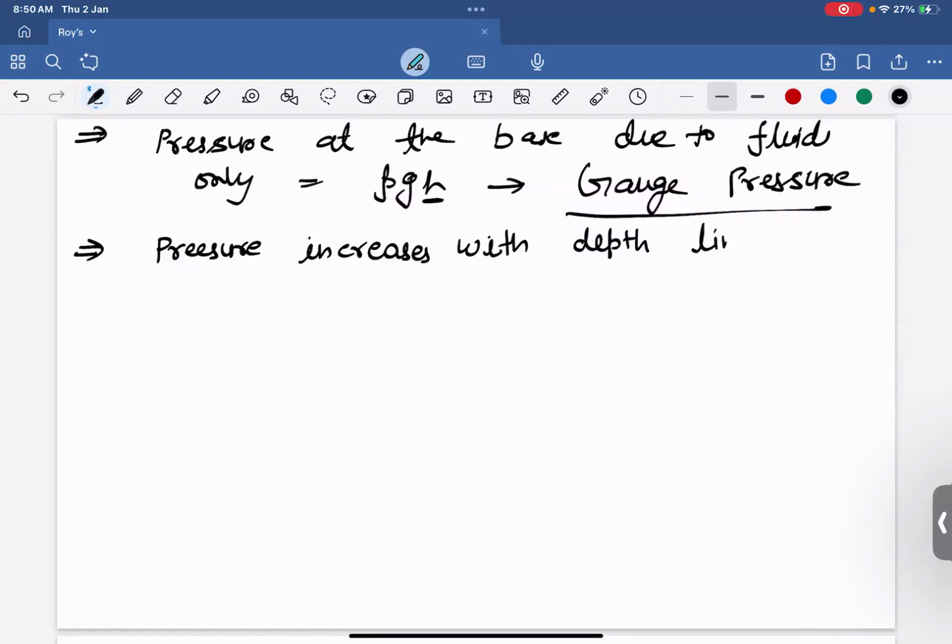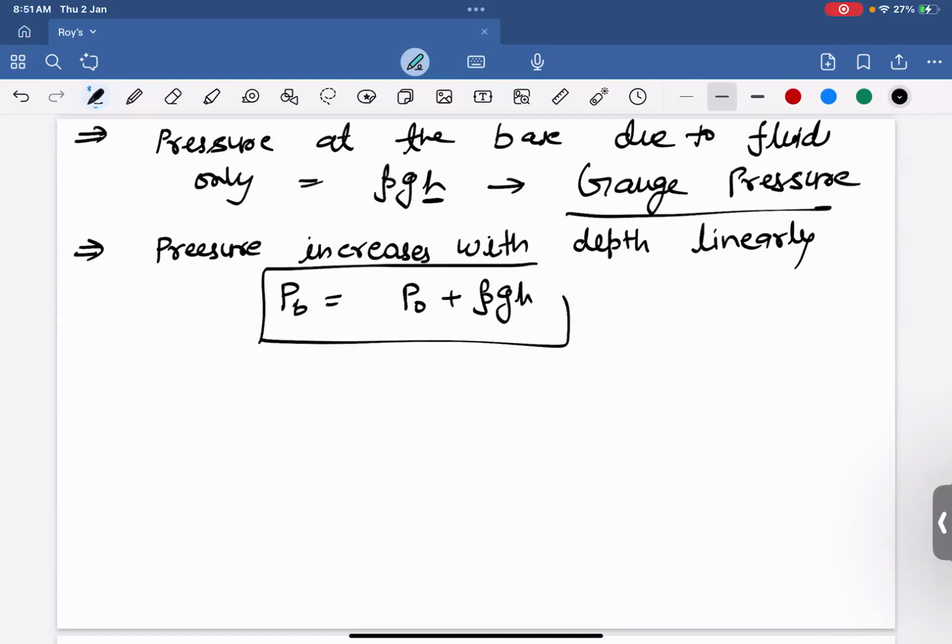You can see it increases linearly. Why? Because it is a straight line equation: the pressure at the base is P naught plus rho g h.